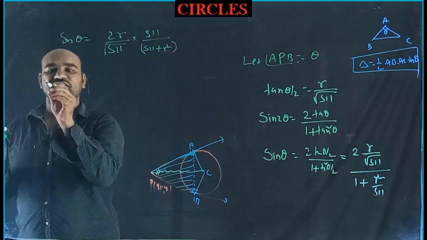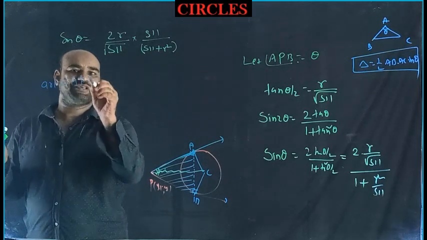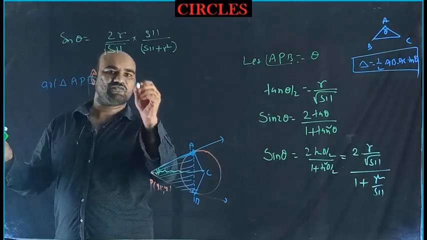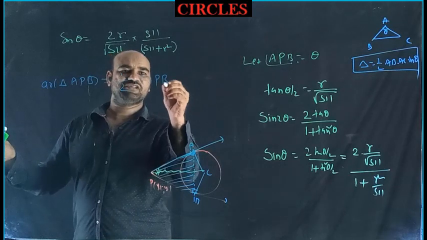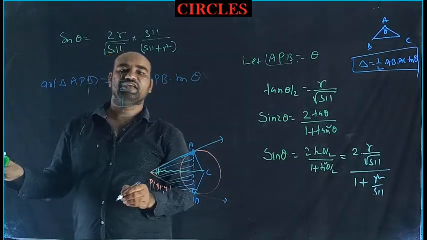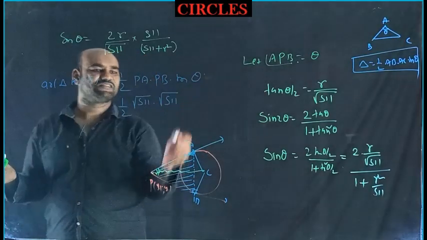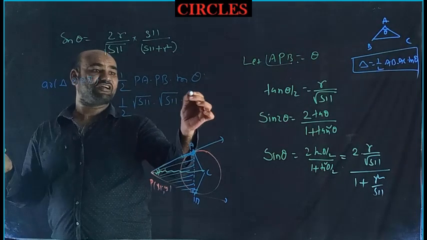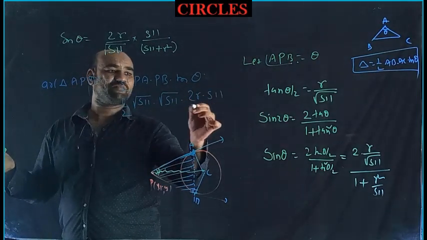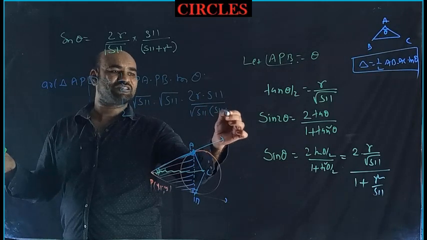Now I want to find the area of the triangle. Area of triangle APB equals half into PA into PB into sin theta. Half into PA means root over S11, PB is root over S11, into sin theta, which is 2R into S11 by root over S11 into S11 plus R square.